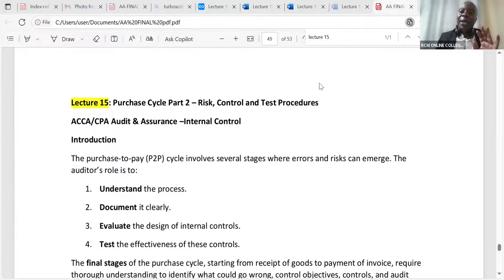And ladies and gentlemen, depending on the findings that we get, if we identify a few weaknesses here and there, then through the management letter, after we have given our audit opinion, we shall give what we call a management letter, which is a letter of advisory, where we are advising the management.